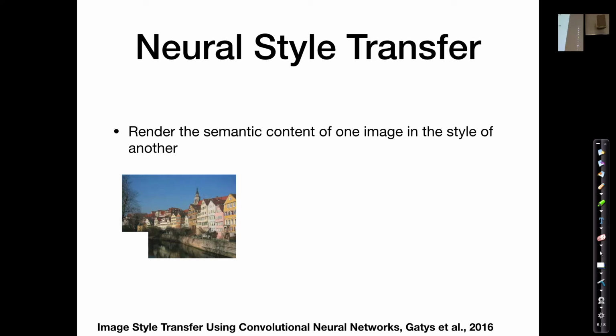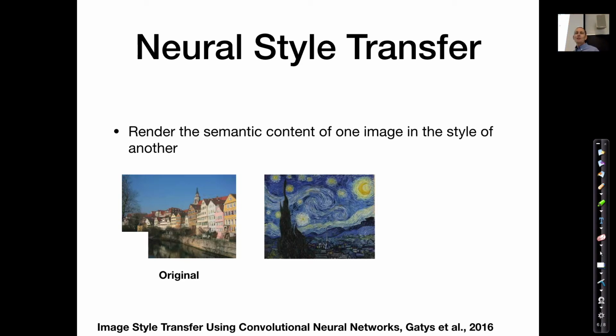Here we've got, this is from the paper. It looks like an old town in Europe. That's the original. Here is the style that we want to be using. So this is the desired style. This is Starry Night, I think, from Van Gogh. And now what we want is this, but kind of looking like Van Gogh did it.